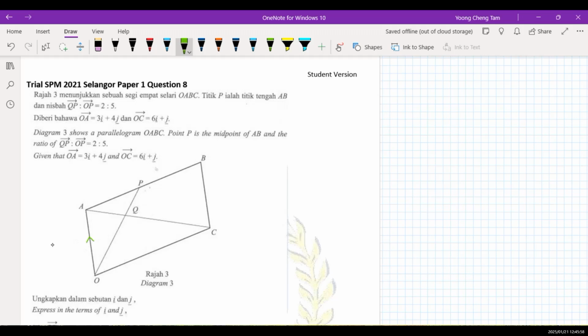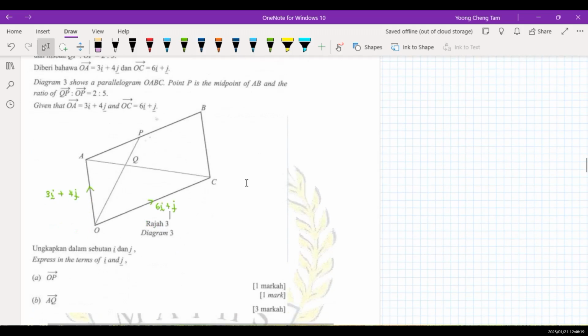So OA is 3i plus 4j. Next, OC equal to 6i plus j. Put the arrow and label the vector 6i plus j.